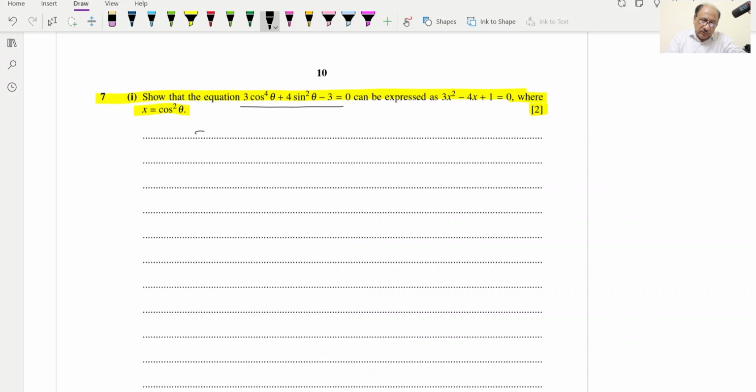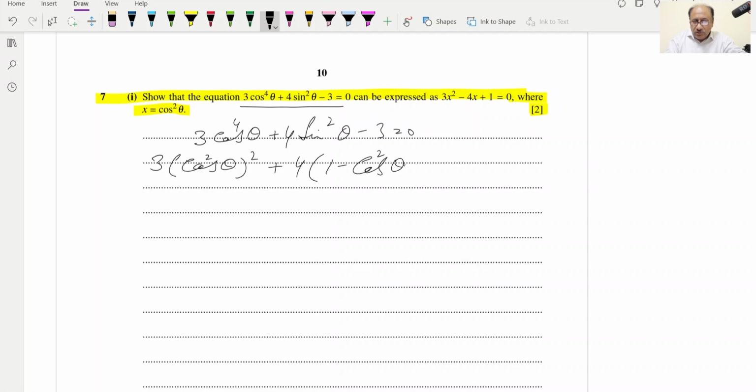Given equation, we can write 3 cos 4 theta plus 4 sine square theta minus 3 is equal to 0. And we can write sine square theta is equal to 1 minus cos square theta. So our equation will modify to 3 (cos square theta) whole square, plus 4 into (1 minus cos square theta), minus 3 is equal to 0.